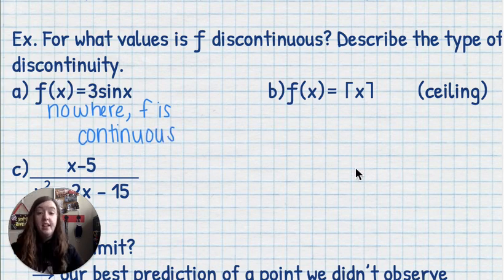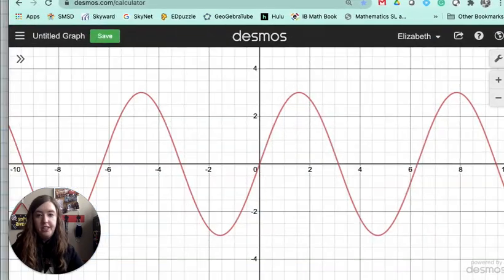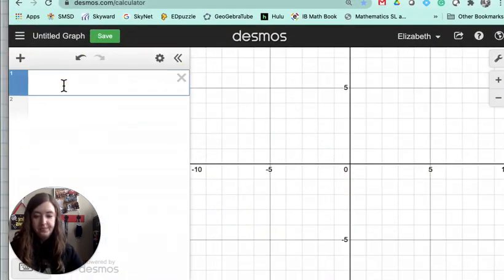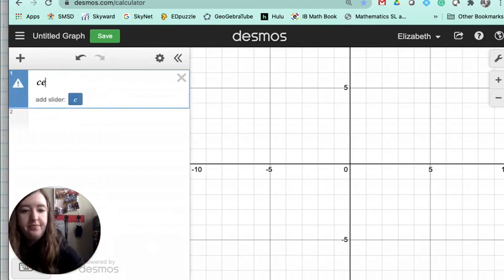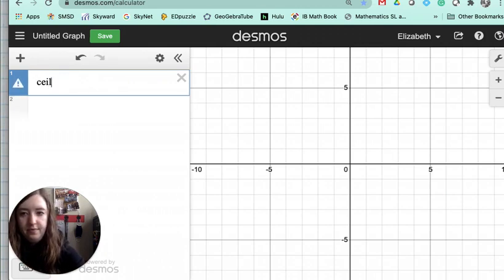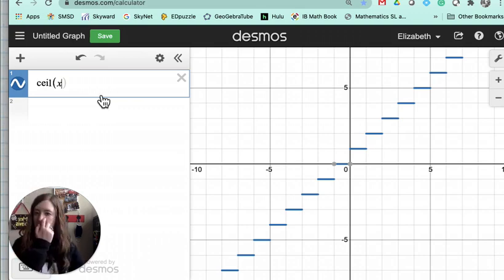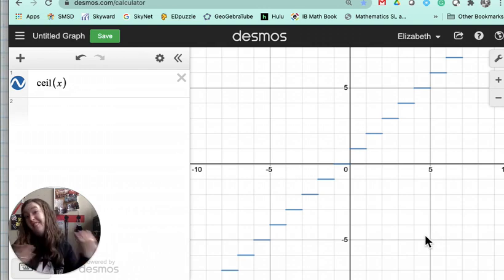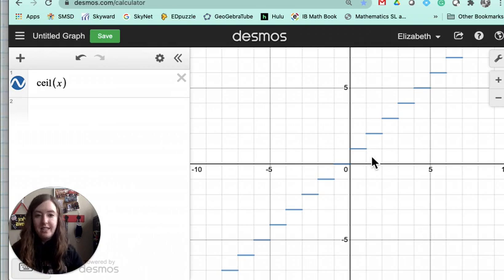Good deal. Now we're going to look at the ceiling function. Good deal. So this is a step function. You notice it looks like steps. So where is it discontinuous?